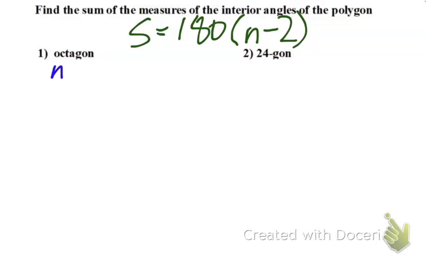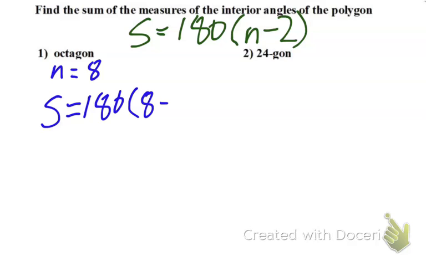It has 8 sides, so n equals 8. So the sum is equal to 180 times n, which is 8, minus 2. And we stick it into the calculator. That would be 8 minus 2 is 6. So 6 times 180, and we get 1,080 degrees.